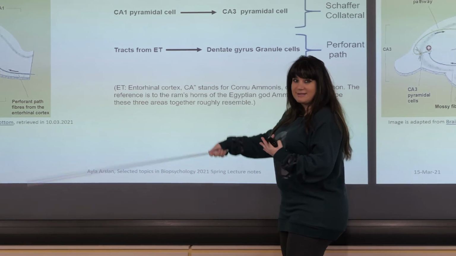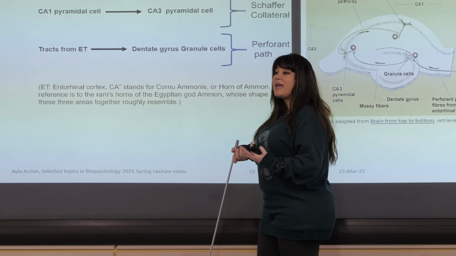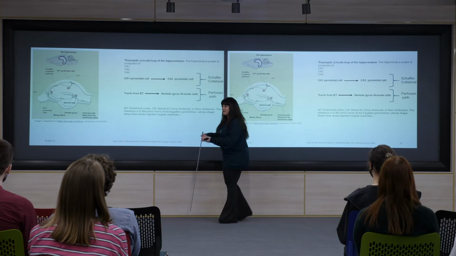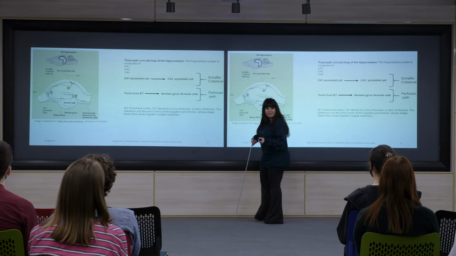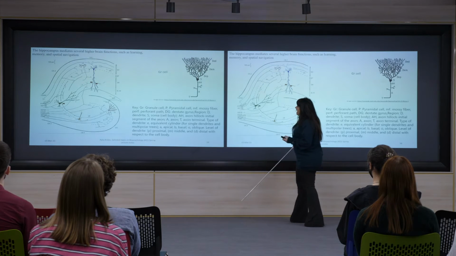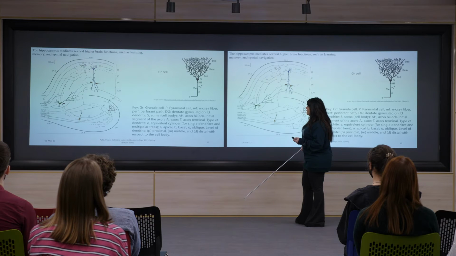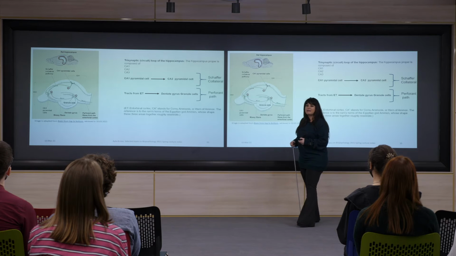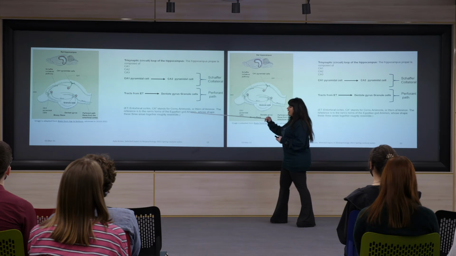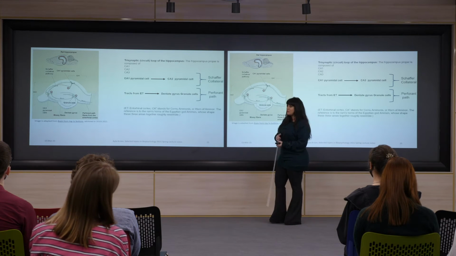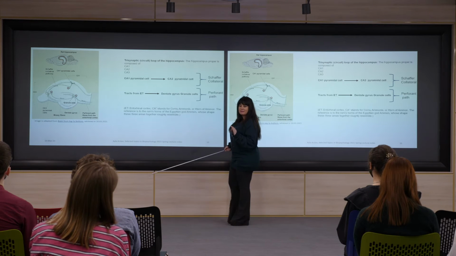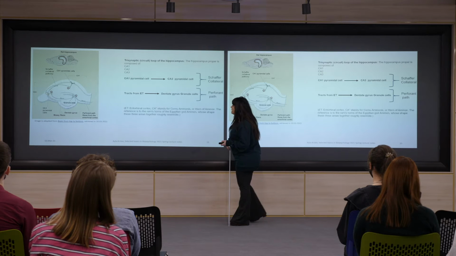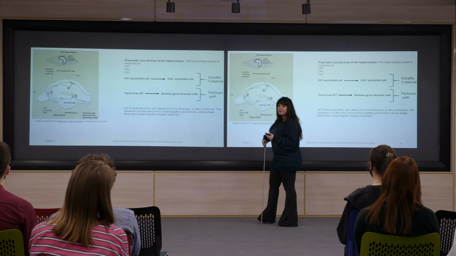Then you have the slice, and you want to study the physiological behavior of these neurons under the microscope. That was done by two scientists, Bliss and Lomo, that I will talk about in more detail. For the moment, all you have to remember is that this famous long-term potentiation, which we will talk about in a few minutes, was discovered in hippocampus.